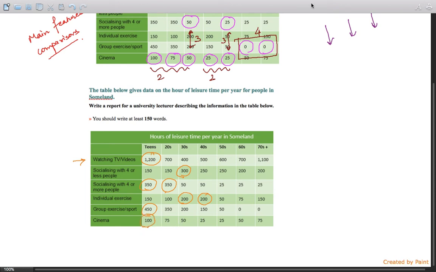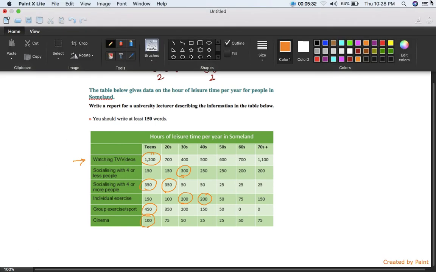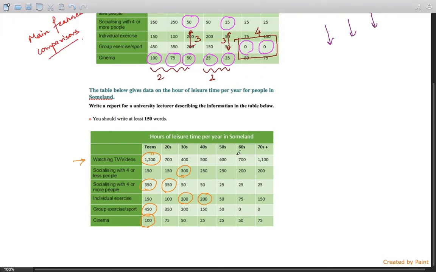So what you can see is, let me find out the minimum as well. So who spends the least amount in watching television and videos? So it's the 30s group. Here it's socializing with four or less people. Minimum is here, and then the minimum in this group, minimum here, minimum, and of course minimum over here.